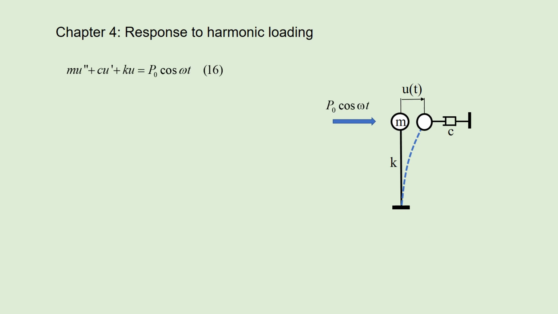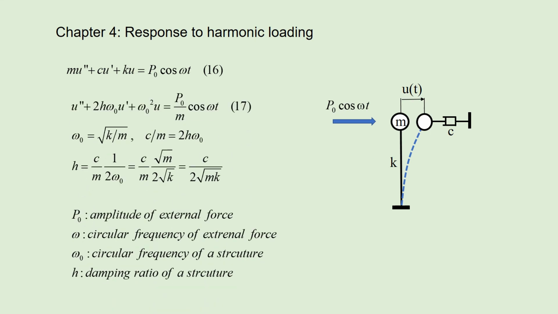Chapter 4. Response to harmonic loading. Harmonic loading means sine or cosine wave loading. Suppose a single degree of freedom model is subjected to an external load P0 cosine omega t. Its dynamic equation is described as equation 16.